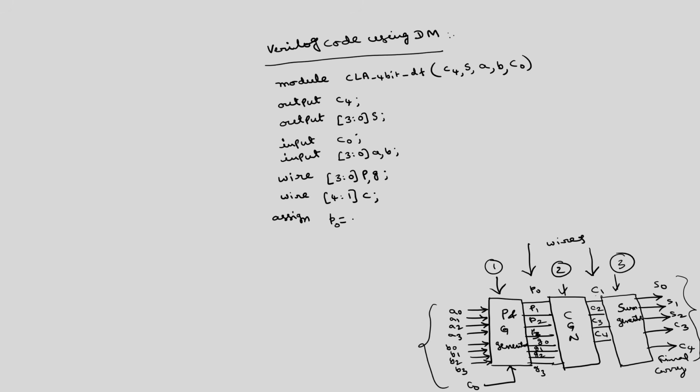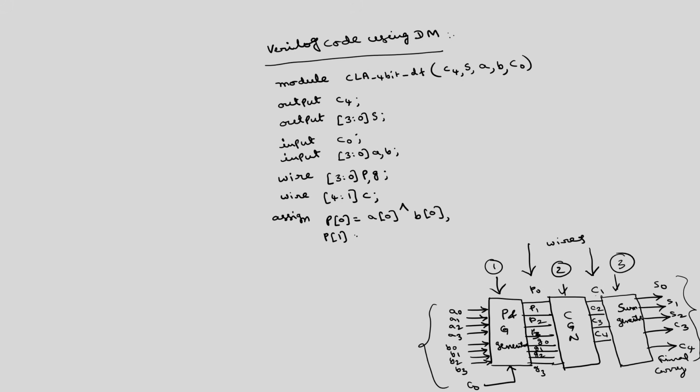Here you can write P0 is equal to A0 exclusive OR B0, comma. I am going to use only a single assign for all the P's.